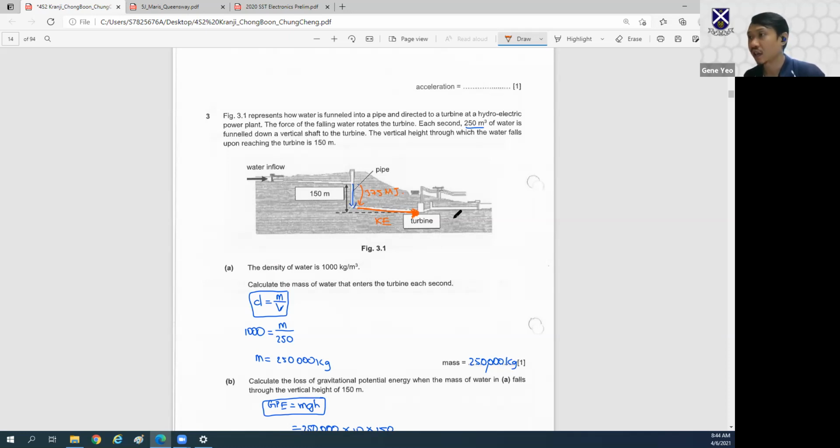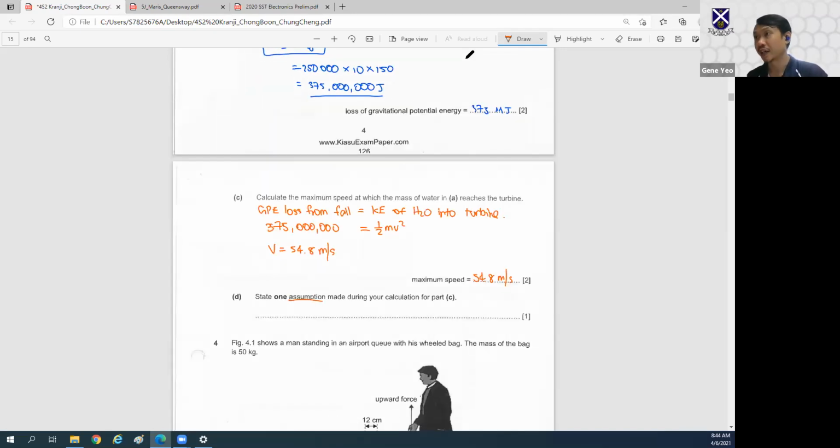So in reality, a lot of energy is going to be lost here, primarily through sound, through friction, and so forth. But theoretically, for our calculation, we are going to assume no energy is lost to the surroundings.